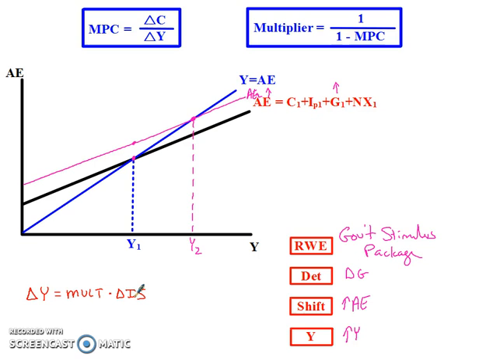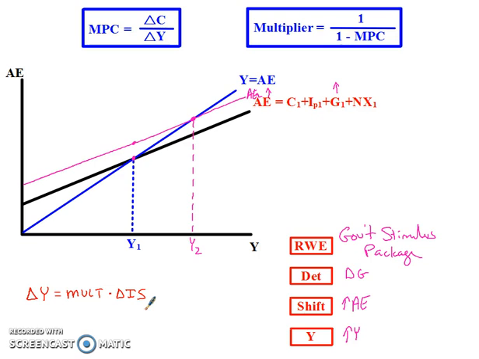We get some initial increase in spending of some amount of money. It could be any real-world event or determinant that shifts the curve. In my example, this change in initial spending was because the government started spending more money. It could be because the stock market goes up and that increases wealth and people begin consuming more.